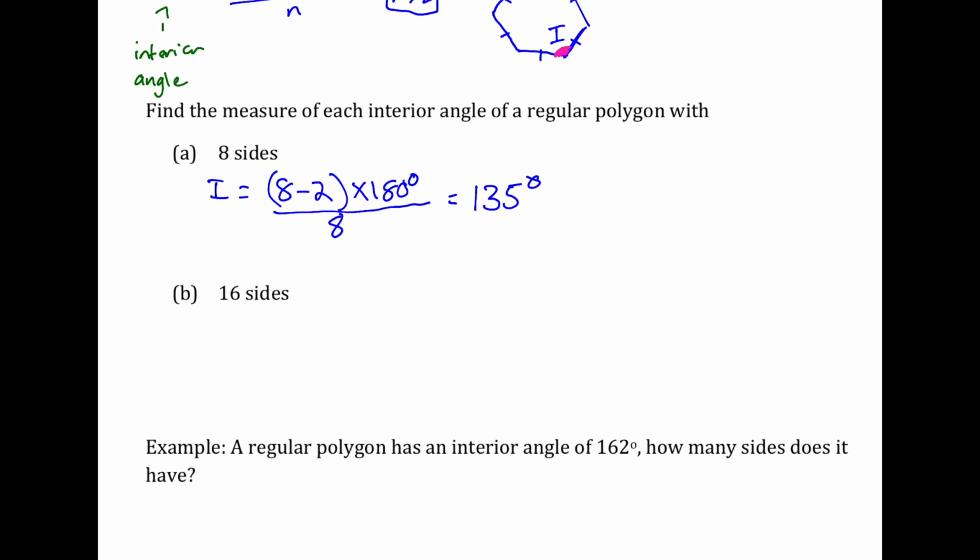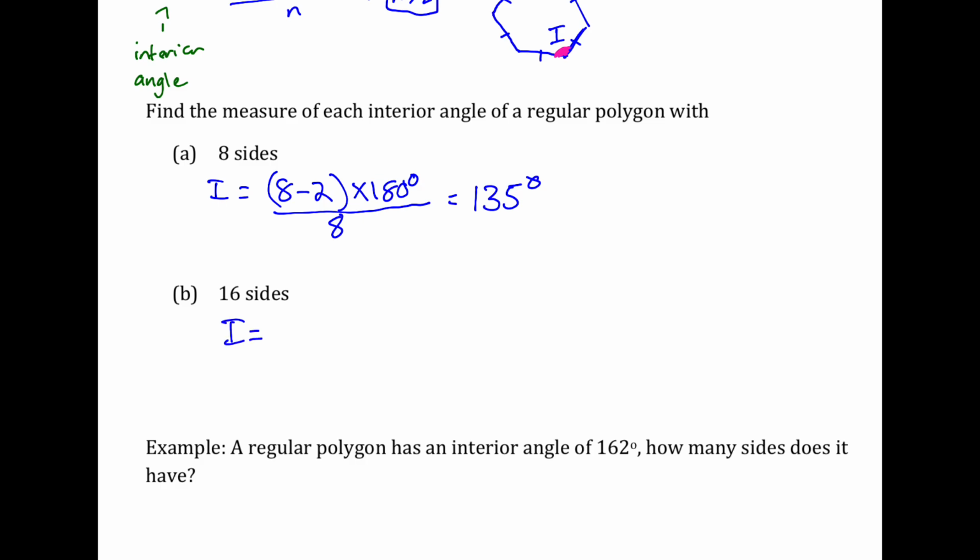Would we expect the 16-sided shape to have a bigger angle or a smaller angle? Bigger. Much bigger. Well, not much bigger, but definitely a little bit bigger. They're wider and wider and wider. So let's do the math on this one.